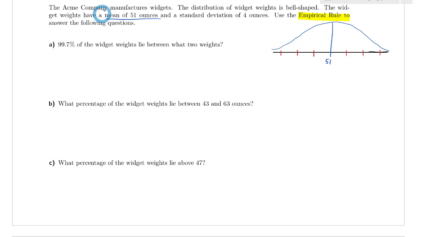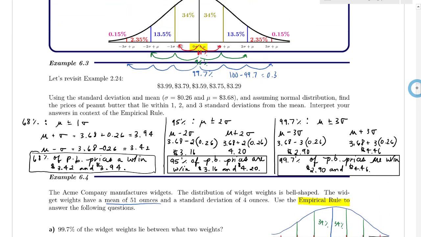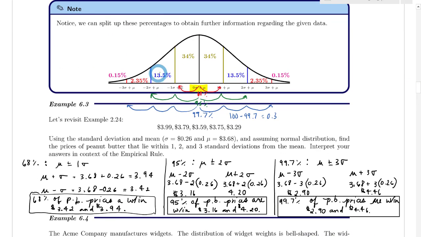And then what I do know is that each of these segments here is 34%. Each of this piece here is 13.5%.